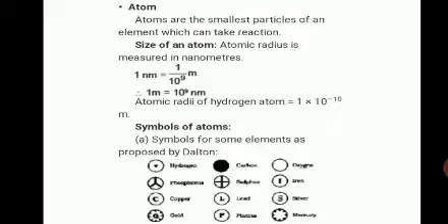The atomic radius of the hydrogen atom, in terms of nanometer, is around 0.037 nanometer, or we can write 0.037 into 10 raised to minus 9 meter. Or in terms of meter, 1 into 10 raised to minus 10.